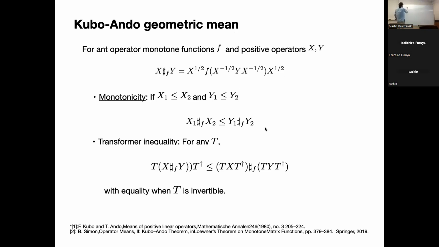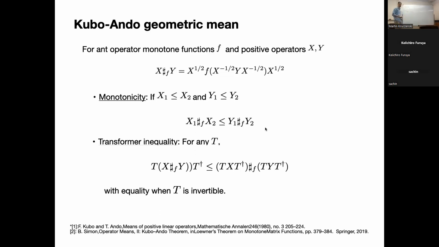Say you have two operators and a self-adjoint operator, let's say a minus b. This is the assumption. Then f is an operator monotone function if it preserves the inequality that we have.